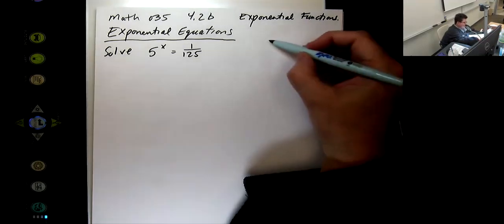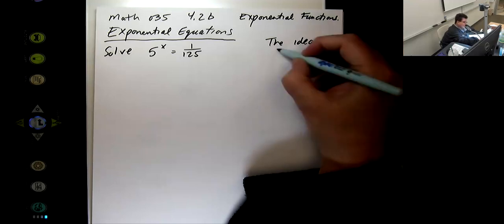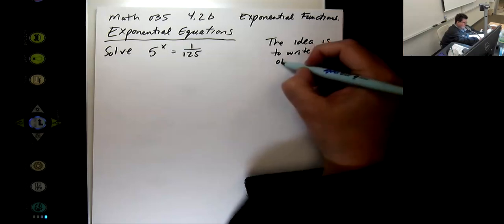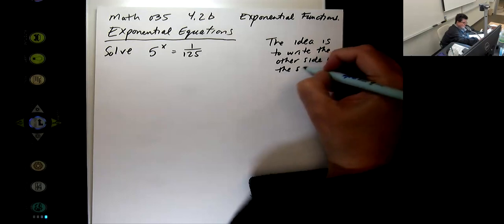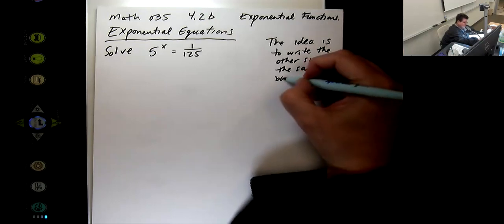The idea is to write the other side in the same form and base as our exponent.